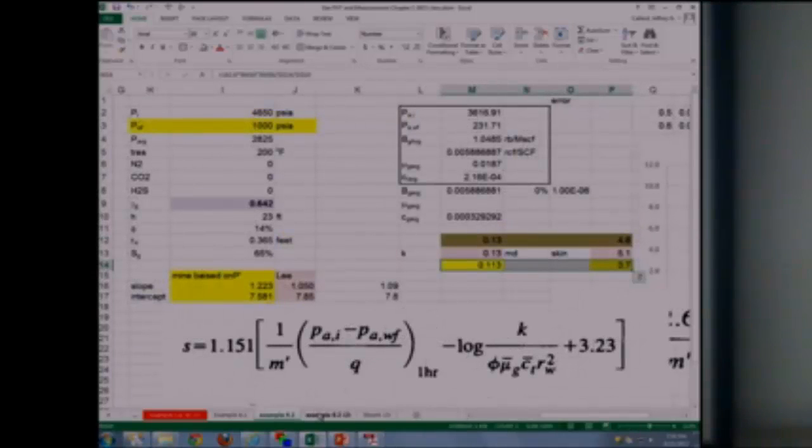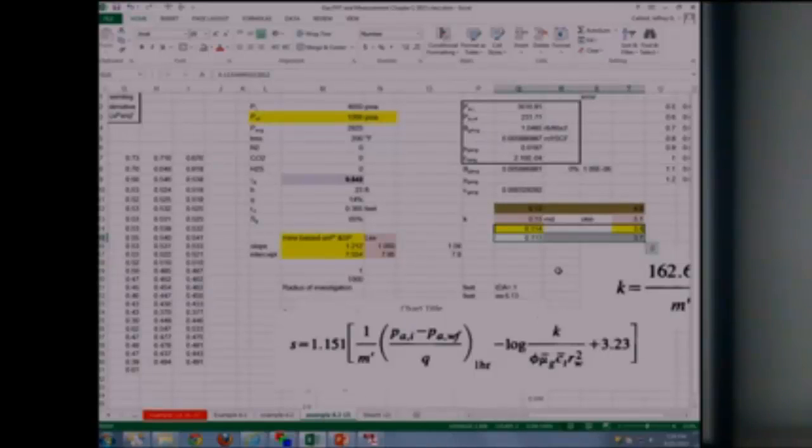Remember, I copy pasted spreadsheets so that I didn't have to have a new column. So I just copy pasted the old data in. I'm thinking 0.11 millidarcies is better than not using superposition, or using the second to the next straight line.